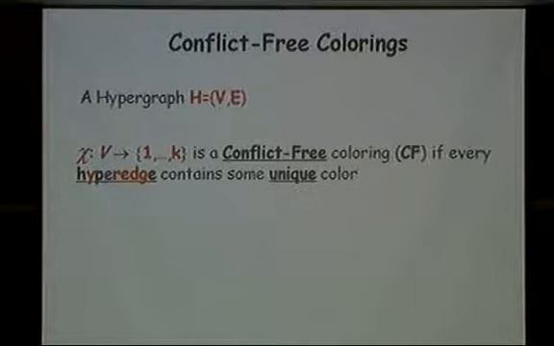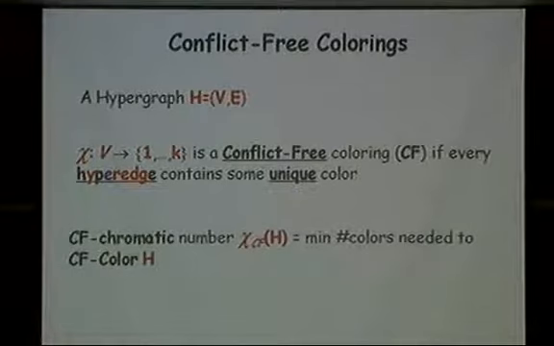Meaning that for every hyperedge, there exists a vertex whose color is different from the colors of all the other vertices in that hyperedge. And the CF chromatic number, χ_CF of H, is the minimum number of colors needed for such a coloring. Let me give you an example.